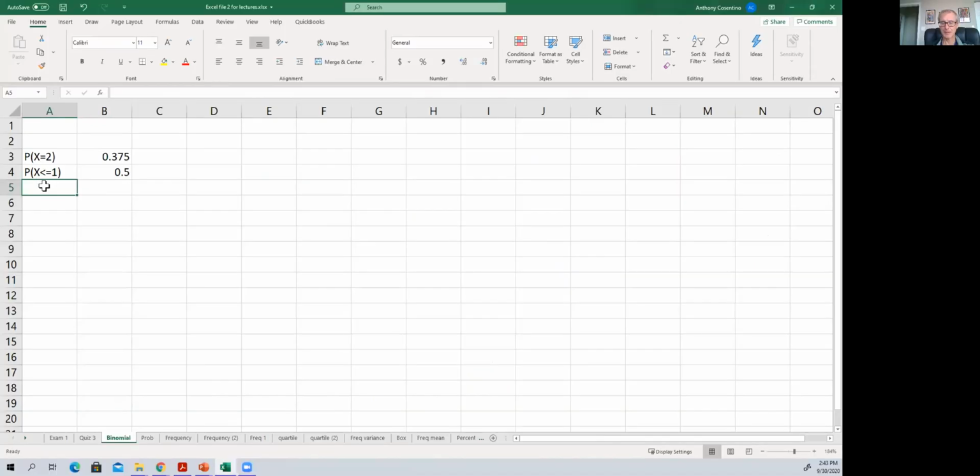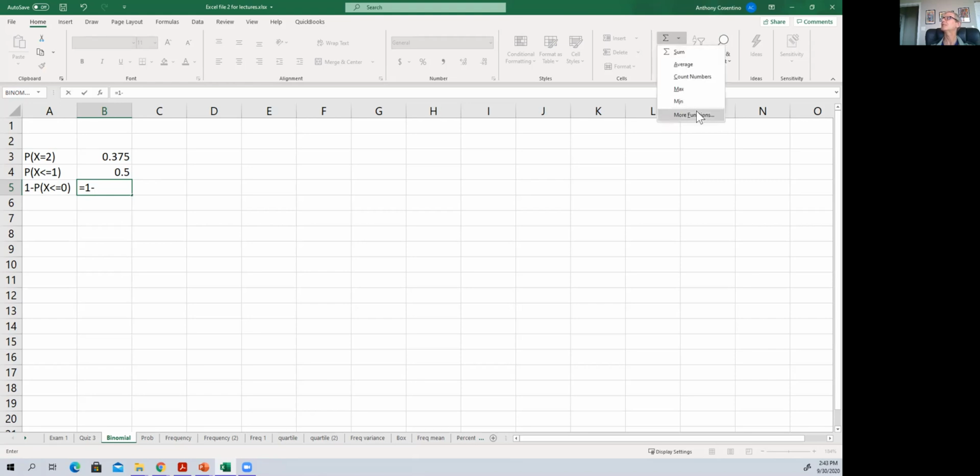And that would be 1 minus the probability of X being less than or equal to 0. And because 0 is the last number, you could actually put in true or false. But here's how you do it. It would be equals, and then 1 minus, and then you put in the binomial.